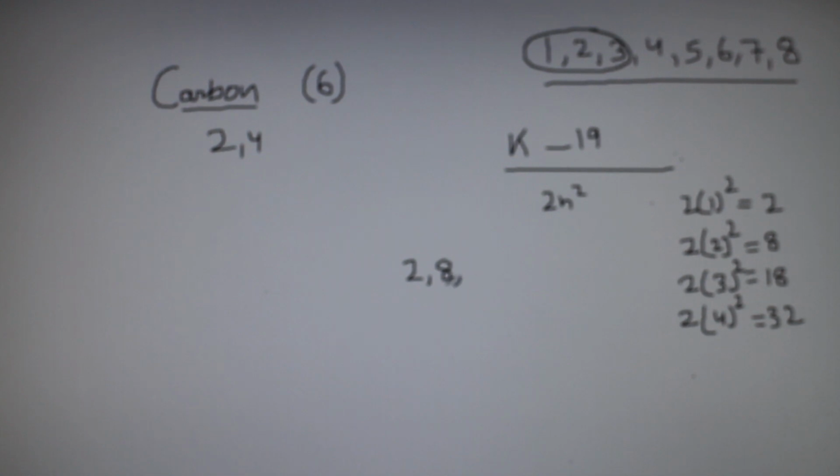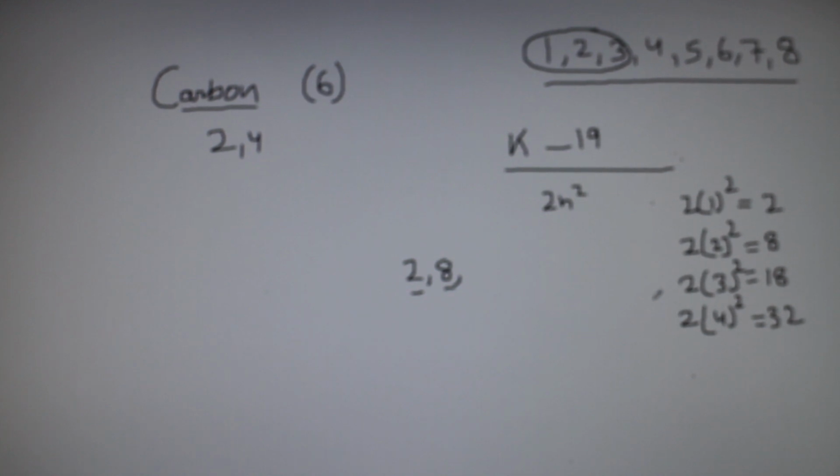The first shell is completely filled with 2 electrons, and the second shell is also completely filled with 8 electrons. Now, how many electrons are left with potassium? Out of 19, 2 are here, 8 are here, so 9 are left. 9 electrons should have actually been there in the third shell, right? Because the third shell has the capability to hold 18 electrons, isn't it?